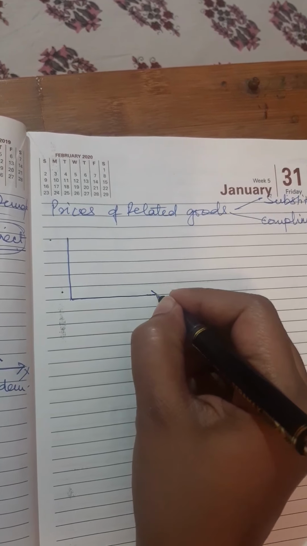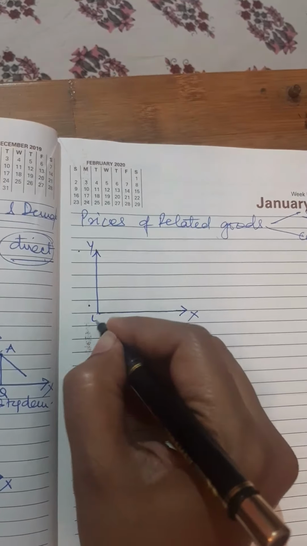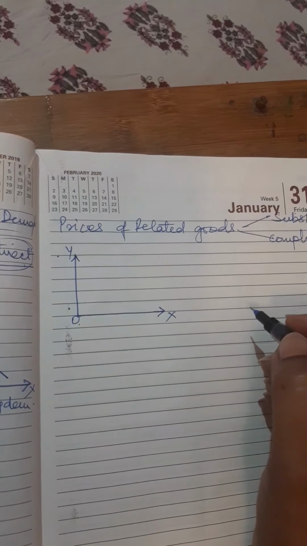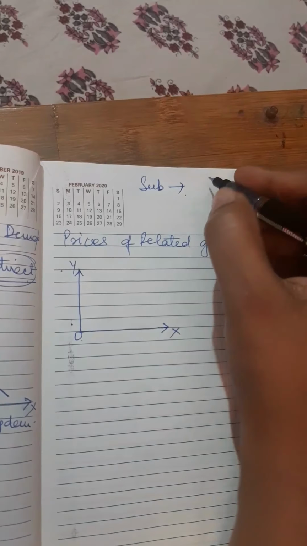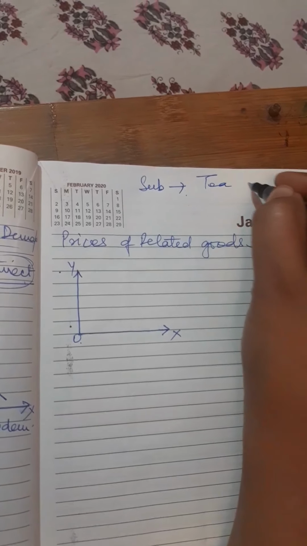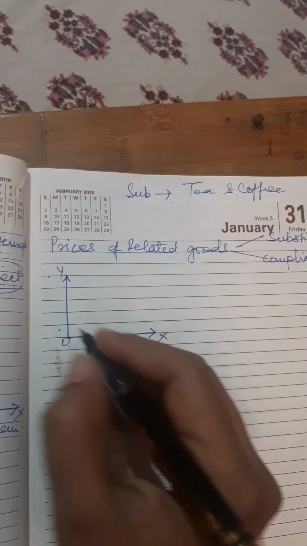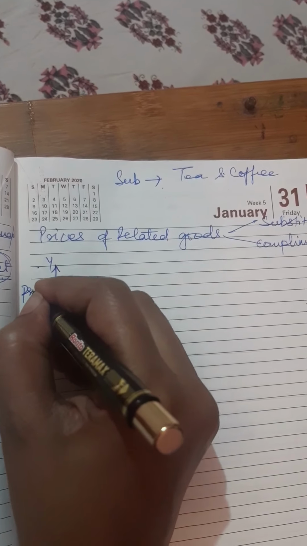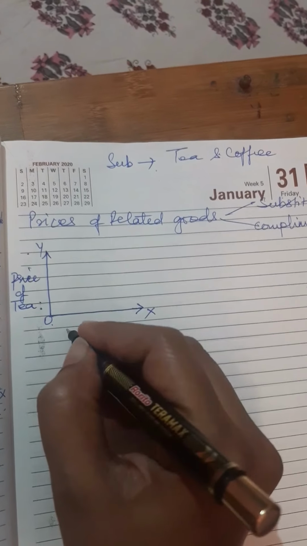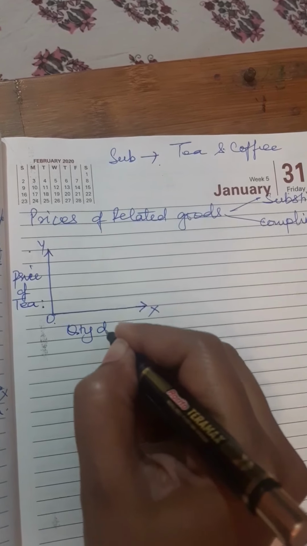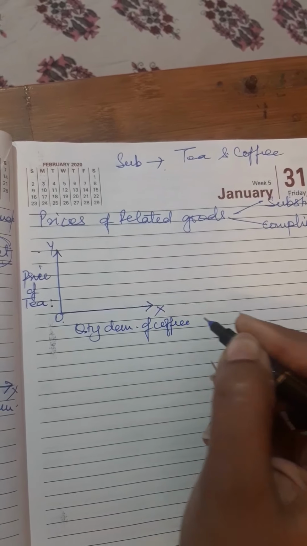Now here I draw the x-axis, the y-axis, the origin. Now in case of substitute goods, they are the ones which are used in place of each other. Like here we take the example of tea and coffee, and there can be many more. So suppose I take here price of tea on the y-axis and quantity demanded of coffee on the x-axis.